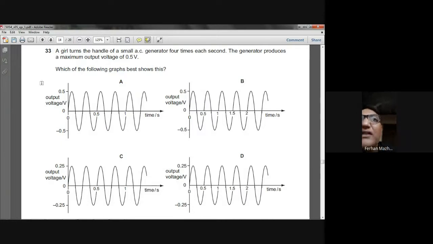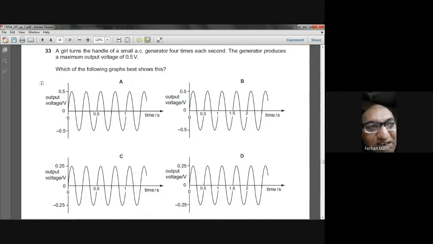Now, in 1 second, she turns the handle 4 times. Sorry, in 1 second, the girl is turning the handle 4 times. So in 1 second, 4 waves should be shown on the diagram.